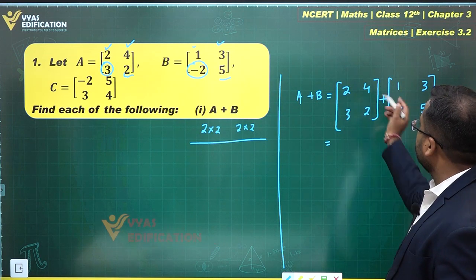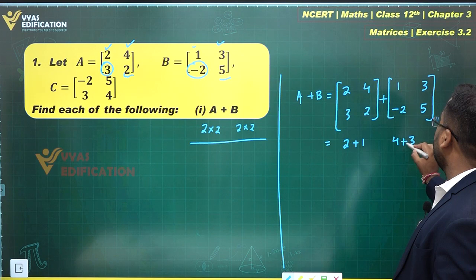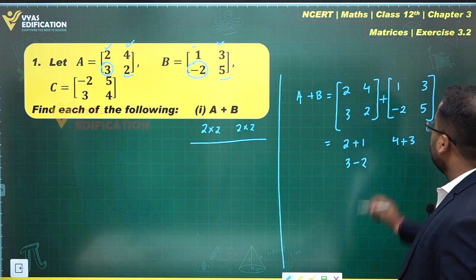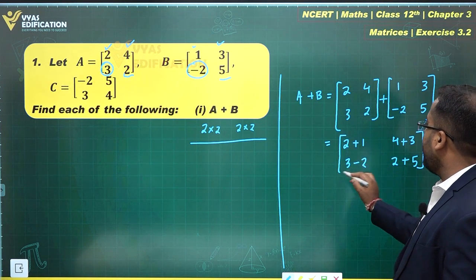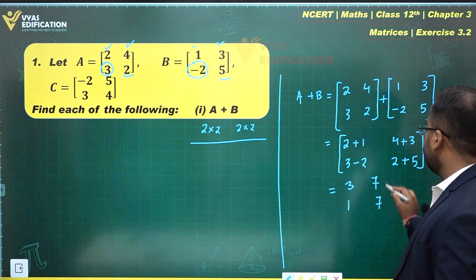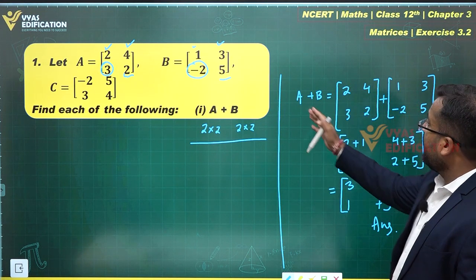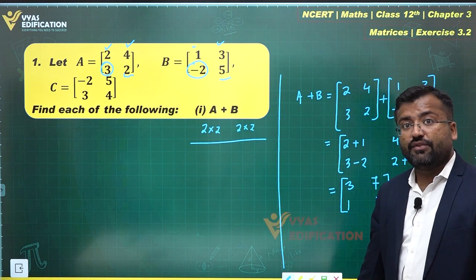We add the corresponding elements: 2 plus 1, 4 plus 3, 3 minus 2, and 2 plus 5. This is how you add the two matrices. This gives 3, 7, 1 and 7. That's the sum of A and B. This is the first part of this question.